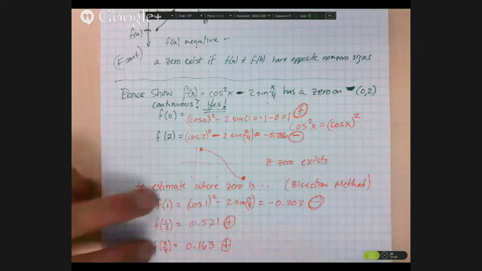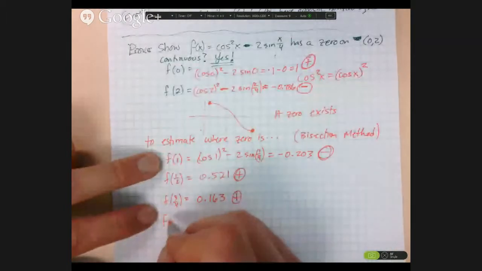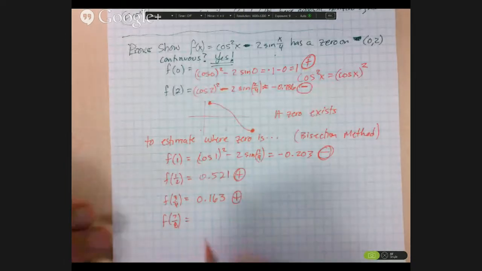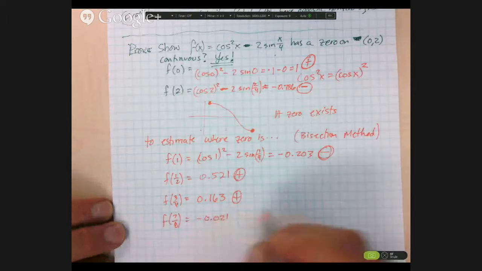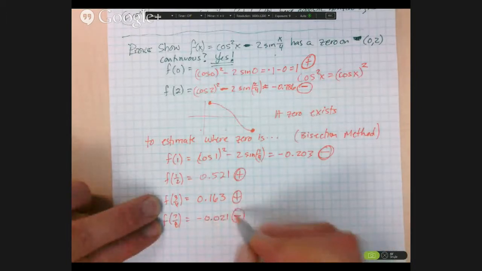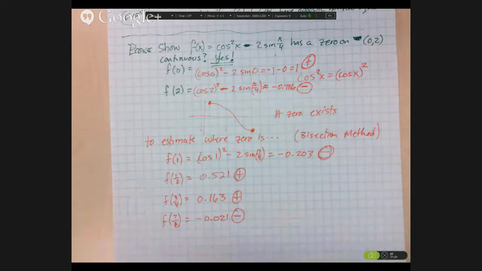So it's between 3/4 and 1. Try 7/8. 7/8 is negative. The sign change tells you the two numbers it's between.